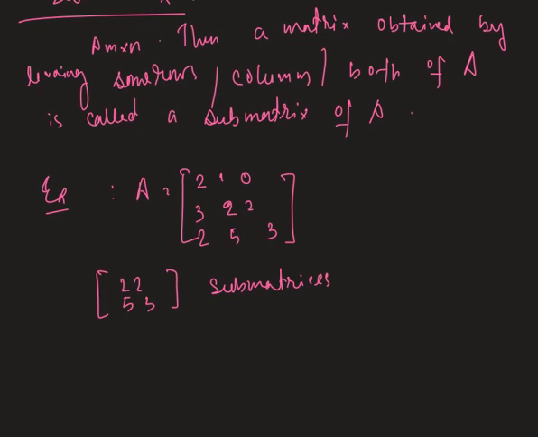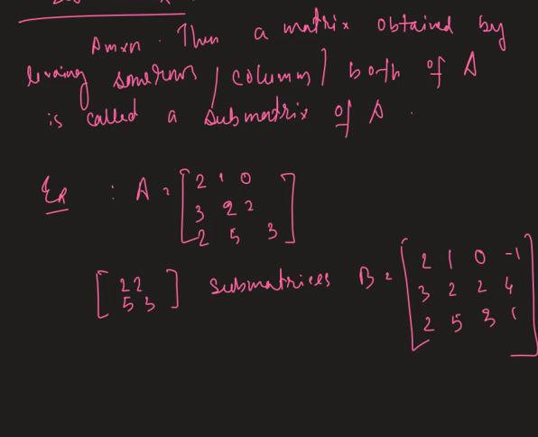Of a 4 cross 3 matrix denoted by B, which has elements 2 1 0 minus 1 3 2 2 4 and 2 5 3 1.